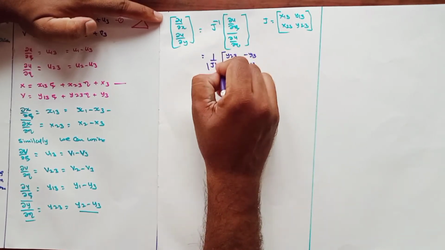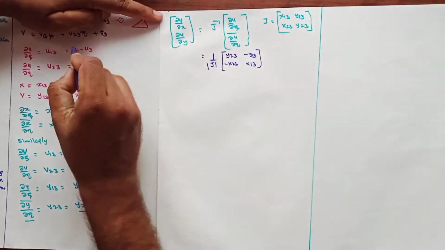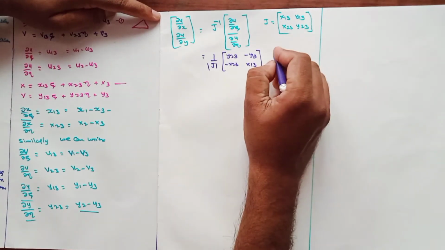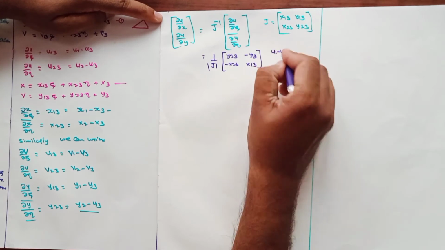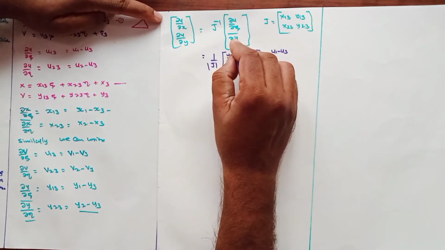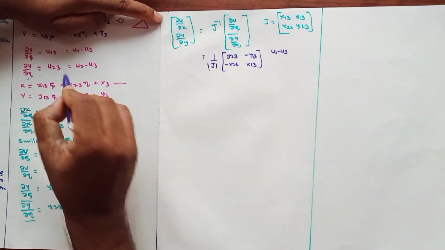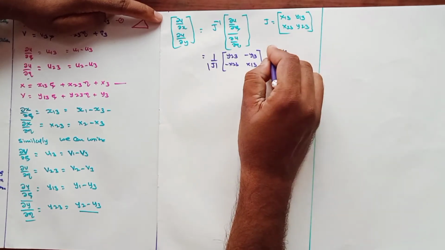So this is the cofactor of J, multiplied with ∂u/∂ζ. Here ∂u/∂ζ we have defined as u13, that is nothing but u1 minus u3. Similarly, ∂u/∂η we have defined as u2 minus u3.